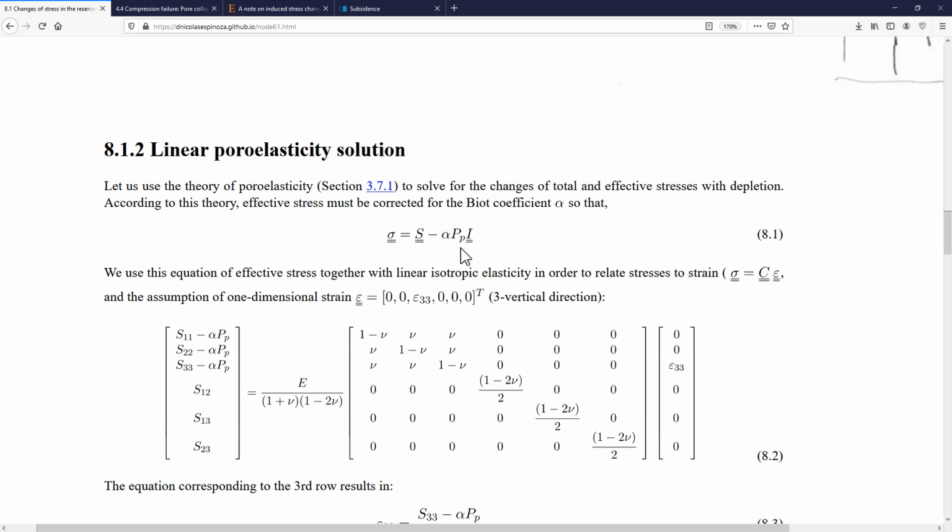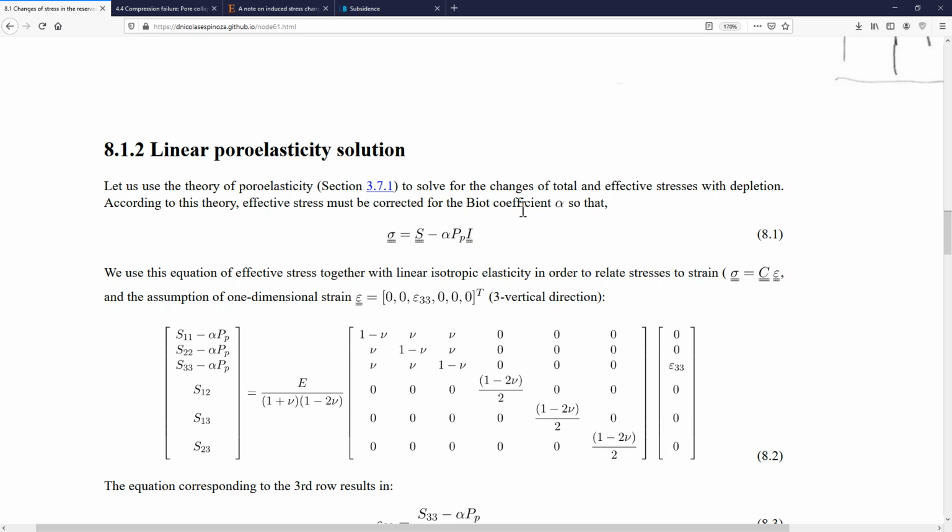Usually very porous and soft formations have a Biot coefficient closer to 1, while tighter formations have a Biot coefficient that gets closer to 0.5 or 0.6, depending on the rock.